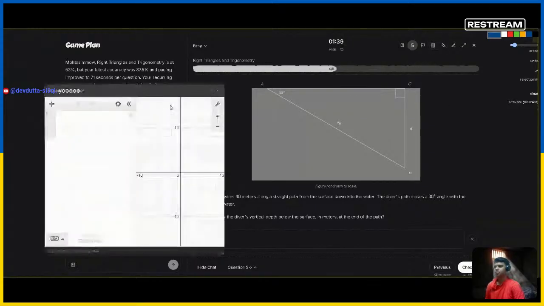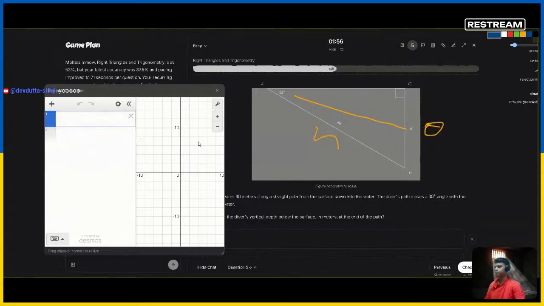So to find D, we could do this, which will cause this to be opposite over hypotenuse. Which one do we use? Evil Toa?